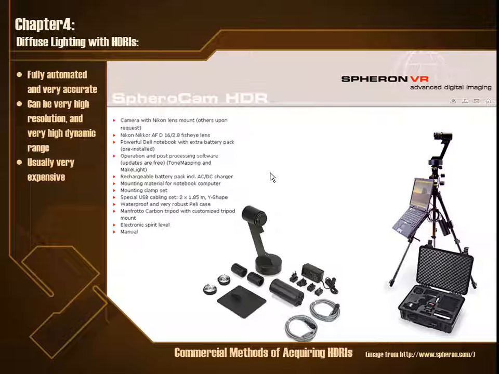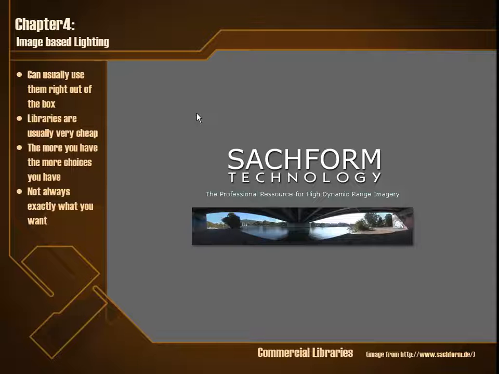But for users who just want to be able to light with HDRIs, there are libraries that are very cheap, and there's even some free ones that you can try out.